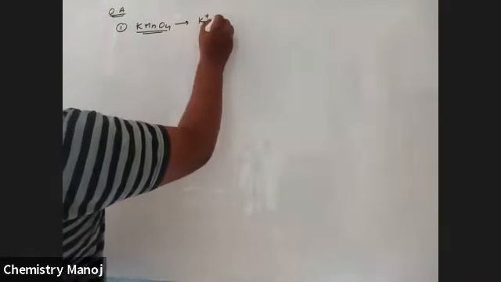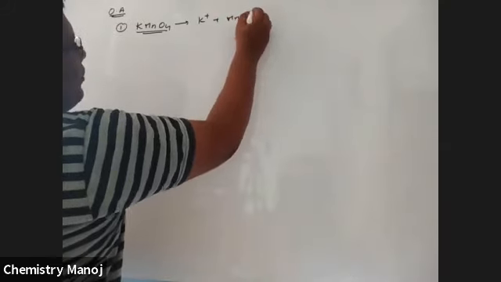One is KMnO4, the best oxidizing agent. This KMnO4 splits into K+ ion and MnO4 - ion.